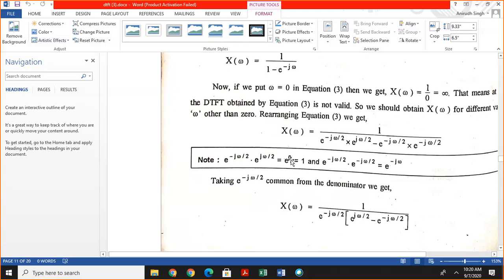Here exponential 0 is 1, and this one can be written as exponential minus j omega by 2 multiplied by exponential plus j omega by 2. So this one is replaced by exponential minus j omega by 2 multiplied by exponential j omega by 2, and this exponential minus j omega is simply written as exponential minus j omega by 2 multiplied by exponential minus j omega by 2.